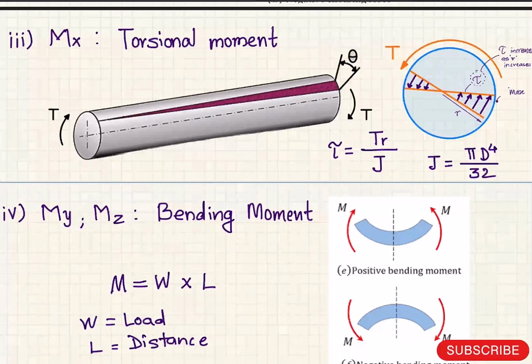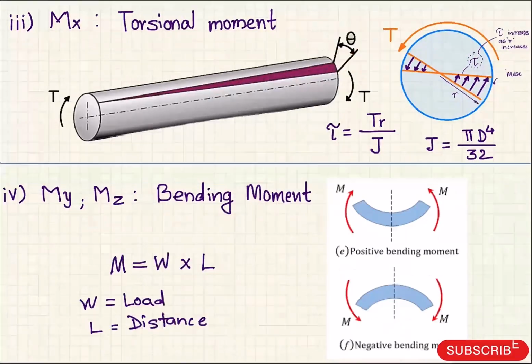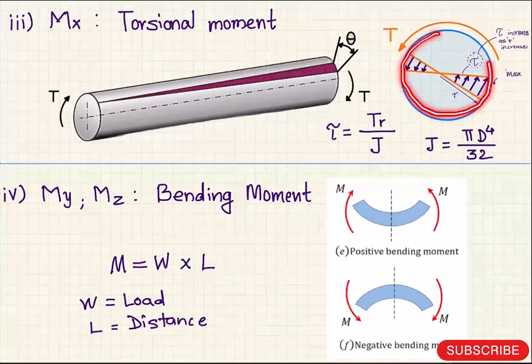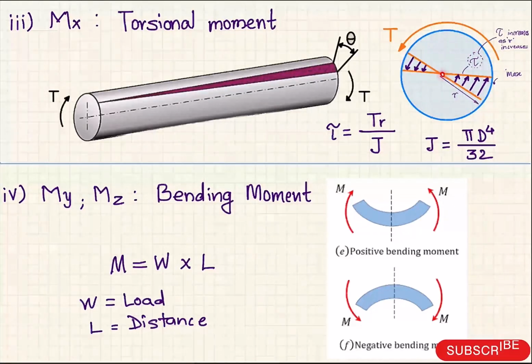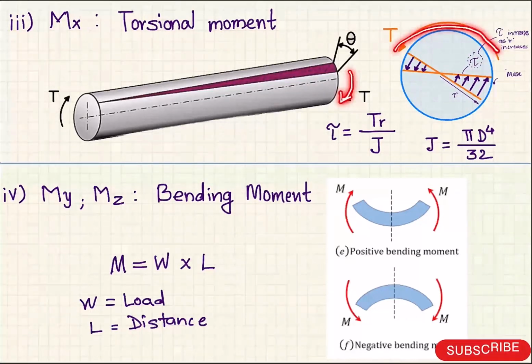If we apply the torsion T here, this molecule is going to get twisted due to the torsion moment up to this point, and the angle between those points we have considered as theta. We can explain this in more detail with this cross section. This is a shaft cross section and this is the center of the specimen. Here the torsion T is applied on the body.